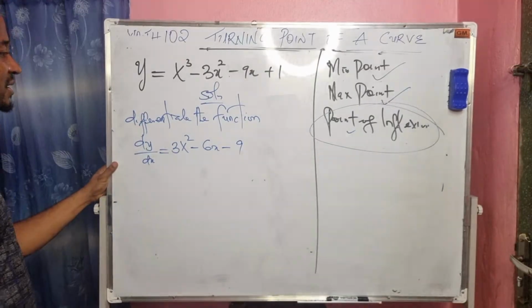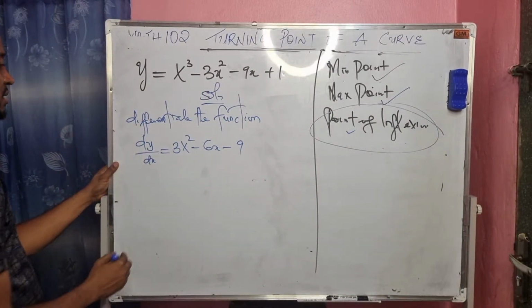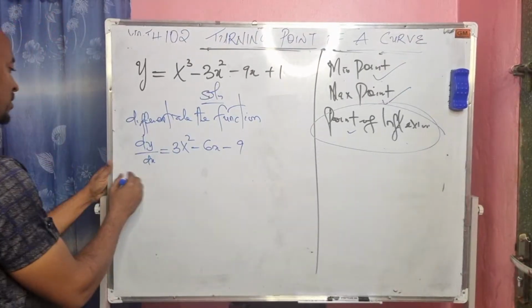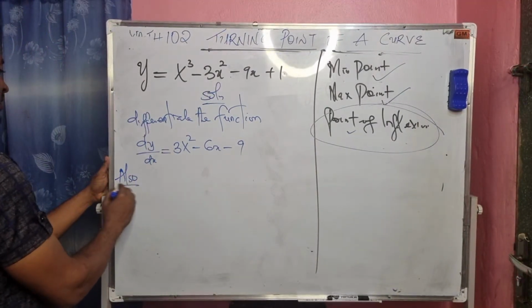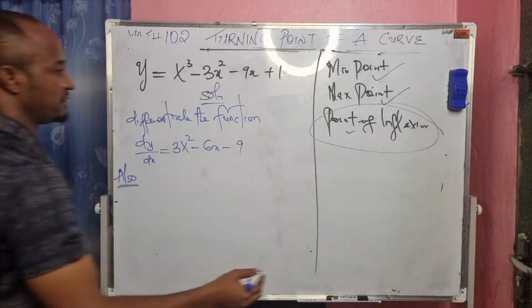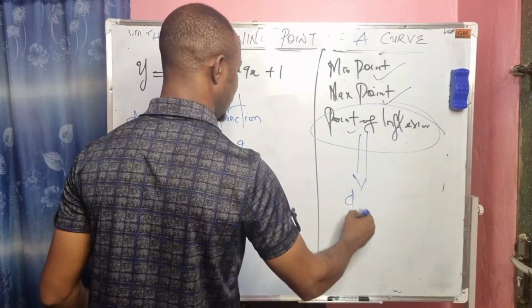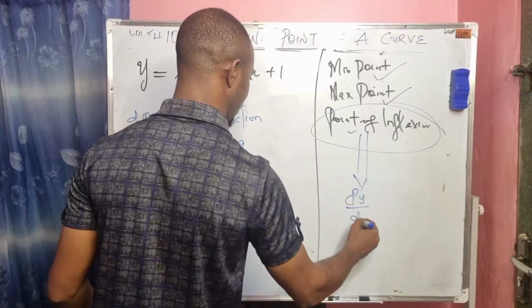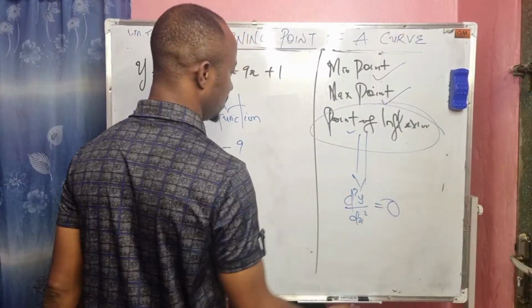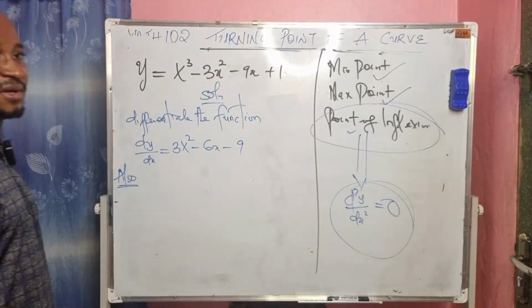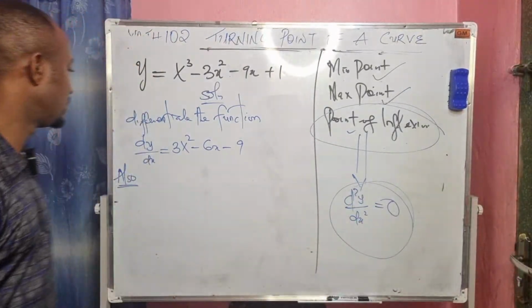We have to differentiate again, because the point of inflection says that d2y over dx squared must be equal to 0.